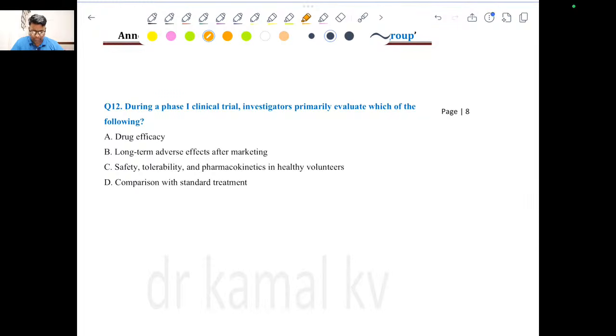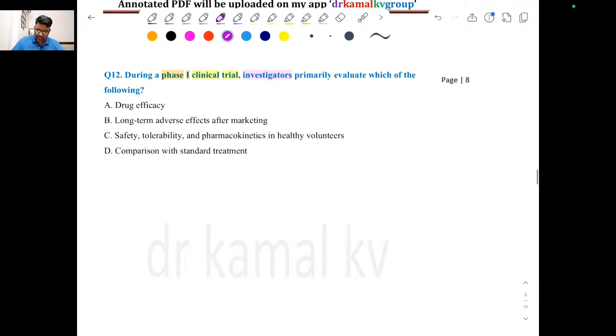Then clinical trials, again very important from exam point of view. So during phase 1 of clinical trial, investigators primarily evaluate which of the following.